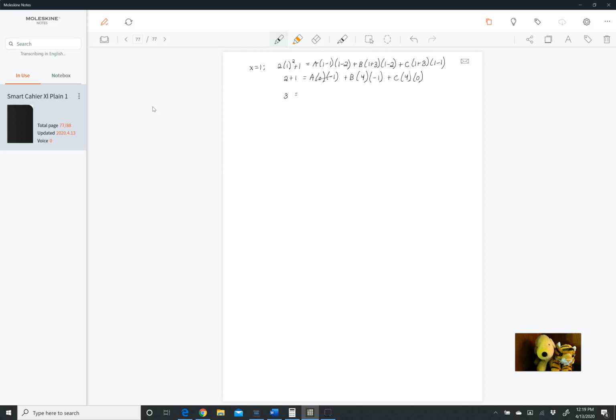This goes away, and this goes away because they're being multiplied by 0. And then 4 times negative 1 is negative 4. So we get negative 4B. And we're going to divide both sides by negative 4. So we get that B is equal to negative 3 over 4.